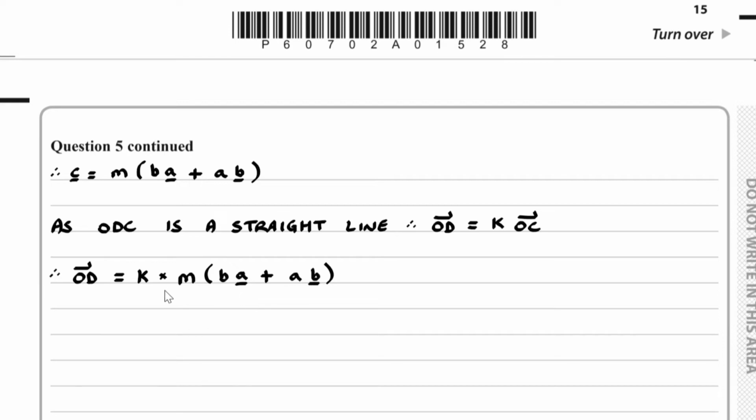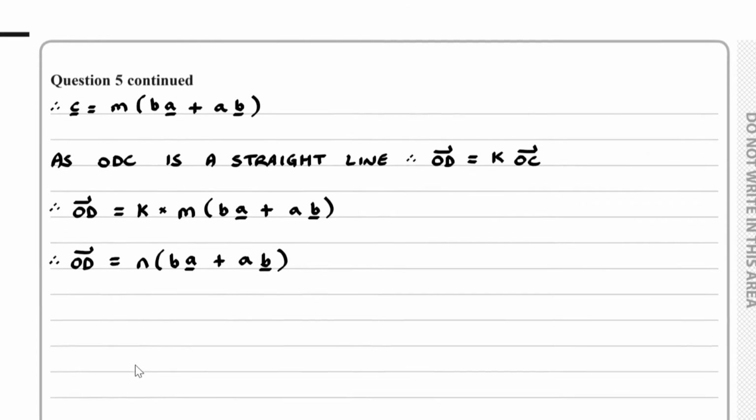Now, because K and M are just numbers, we can say here then that OD is equal to some multiple N, we'll call it, times BA plus AB. And we know what OD is, that's just D. So we've got D equals N multiplied by BA plus AB.